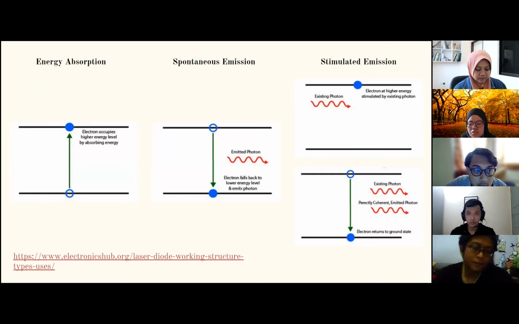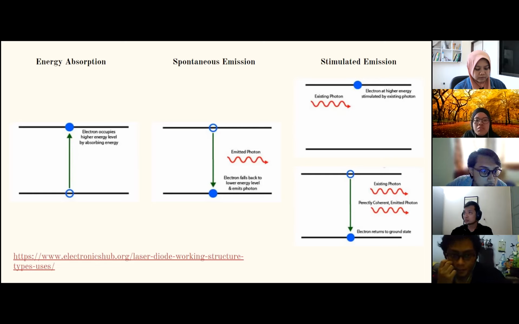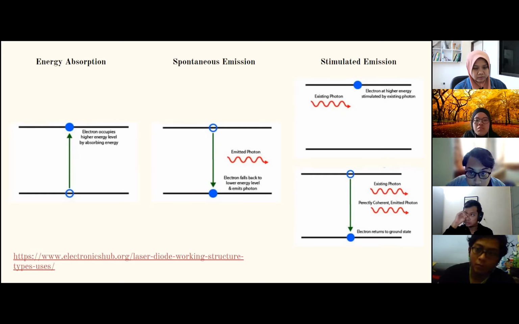First is energy absorption, when the electron occupies a higher energy level by absorbing energy such as a photon. But the electron stays at that higher energy level only for a short time, about nanoseconds, and then it undergoes spontaneous emission, in which the electron falls back to a lower energy level and emits a photon.